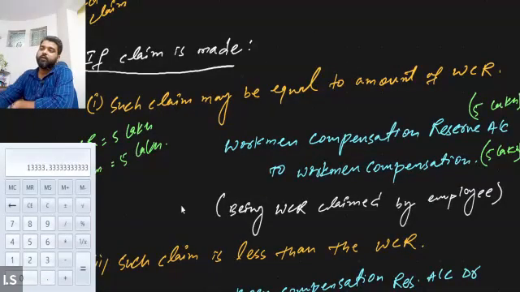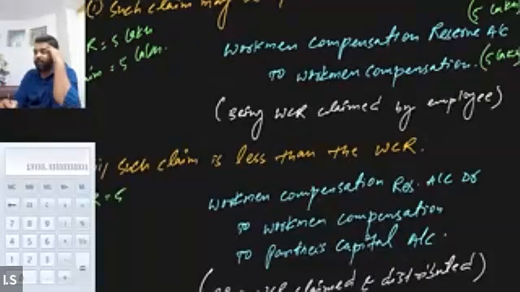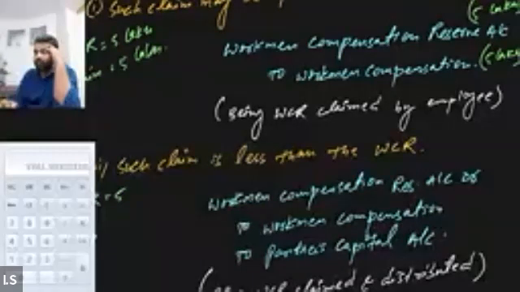And in the next situation, if such claim is less than the reserve, suppose we have made a workman compensation reserve of rupees 5 lakh, and the claim that was actually made is for rupees only 3 lakh.